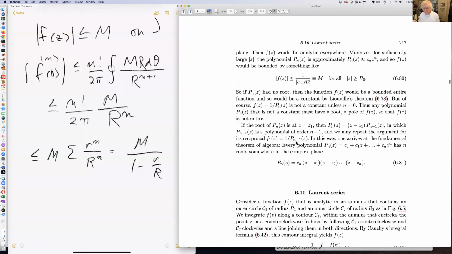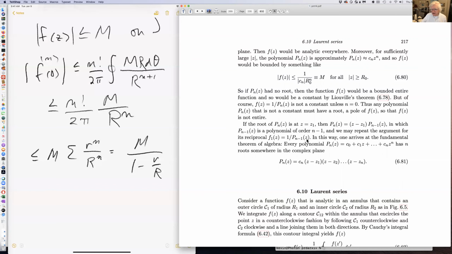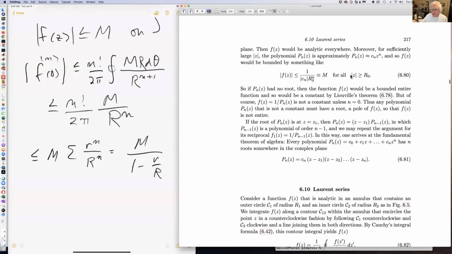You repeat the argument, and you find that f1, which is 1 over p sub n minus 1 of z, you imagine that it doesn't have a root. Well, if it doesn't have a root, then for big z it goes as z to the n minus 1. You then have an equation like this for f1, but with n replaced by n minus 1.